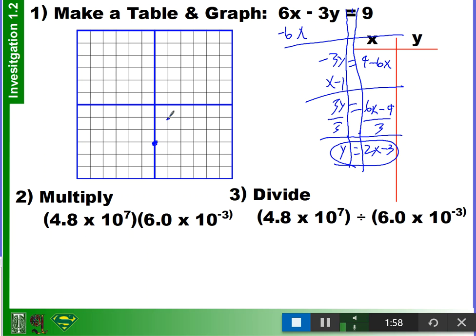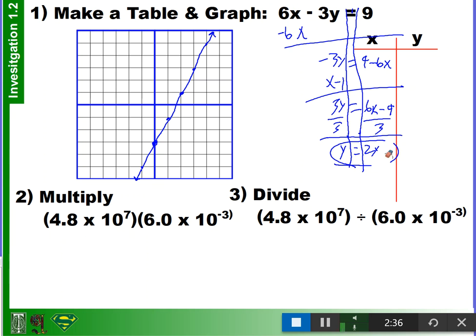So your next point would be there, and then there, and then there, and this one would just keep going that way. So there's your graph.